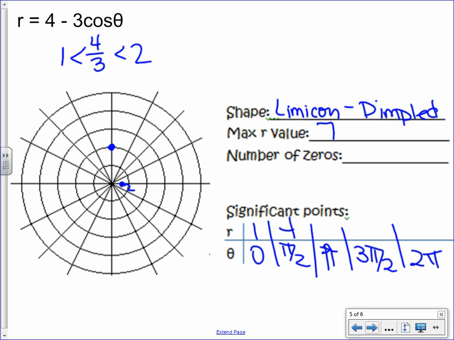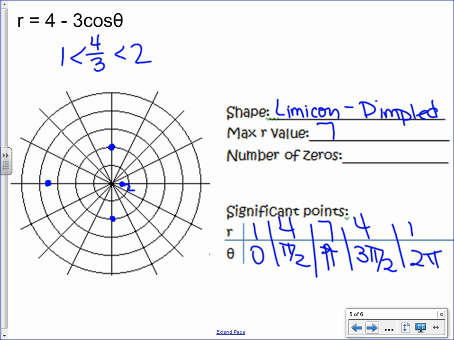The cosine of pi is -1, so our R value at pi would be 7. 3 pi over 2 would give us an R value of 4. And 2 pi takes us back to where we started.